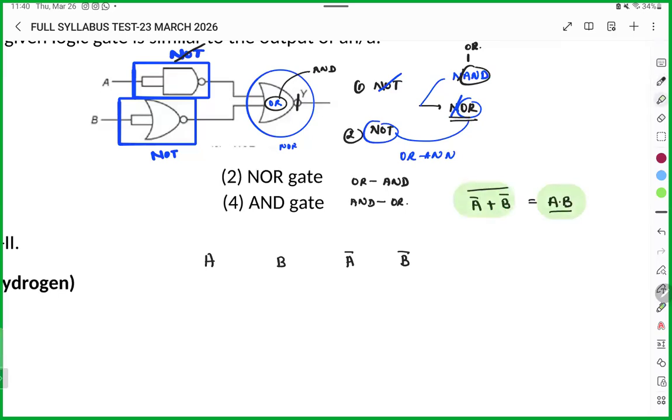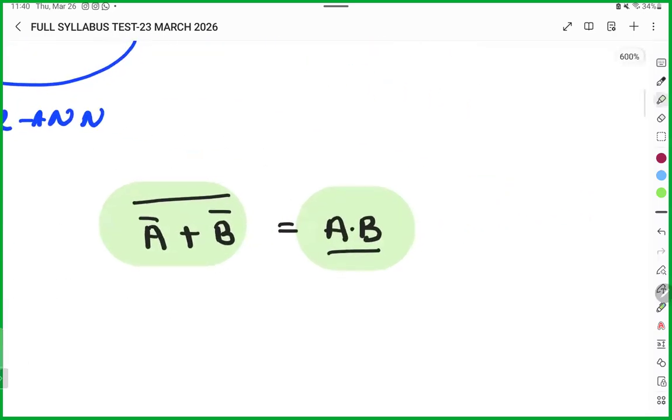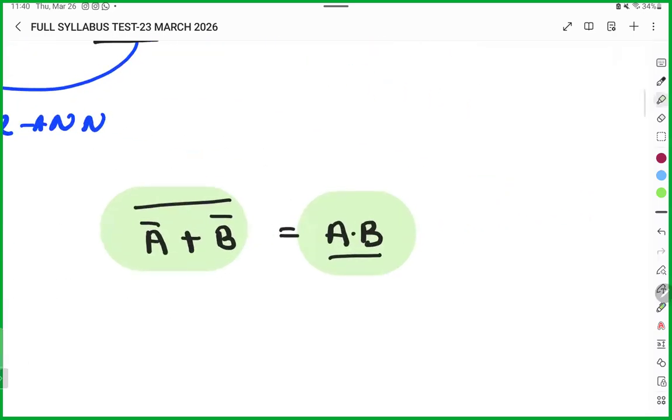How many of you are aware of this concept of Boolean expression? कितने लोगों को ये तरीका पता है?